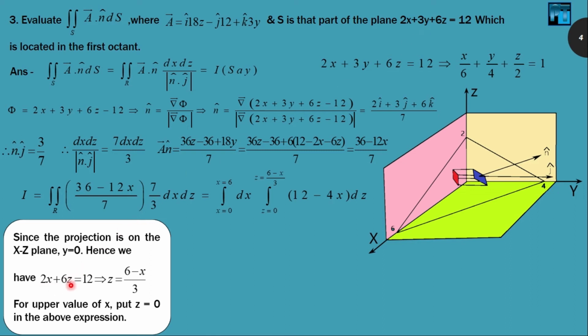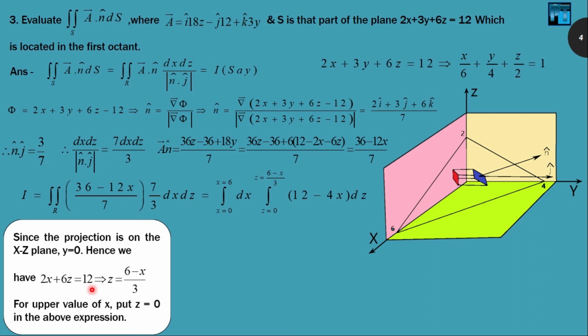Then we have 2x plus 6z equals 12, z equals 6 minus x by 3. So z varies from 0 to 6 minus x by 3 first. Then we have to drop the z also. Putting z equals 0, we have 2x equals 12, that is x equals 6. So x will vary from 0 to 6.